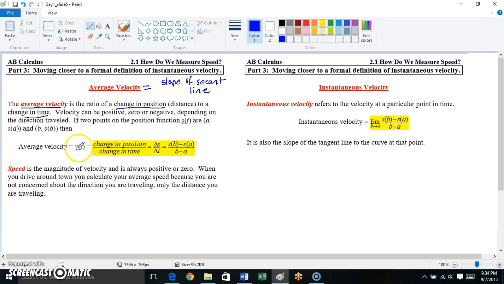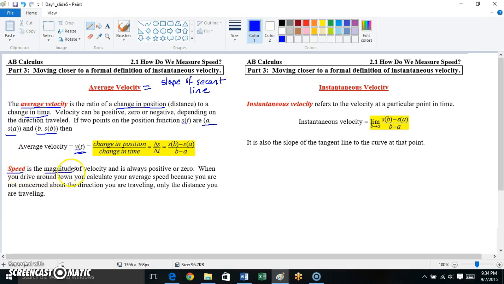So here we see an equation that says average velocity is v of t, change in position over change in time, change in s over change in t. And if we talk about between 2 points, a, s of a and b, s of b, then we're talking about s of b minus s of a, change in s, over b minus a. All right, so that's average velocity.